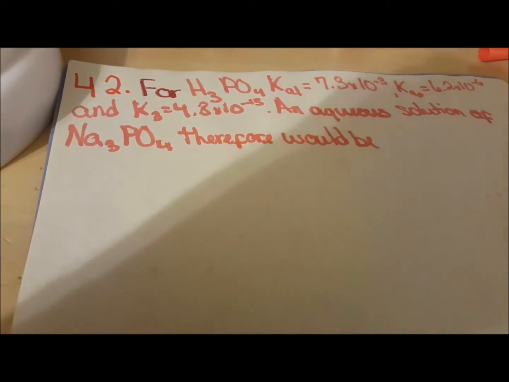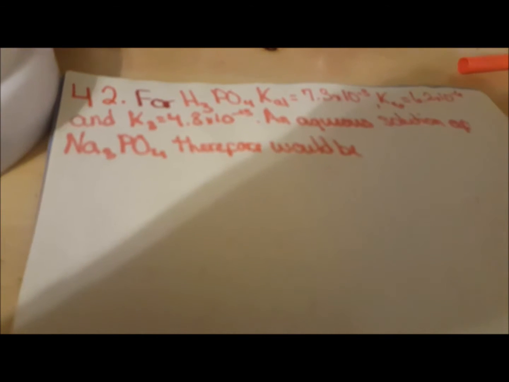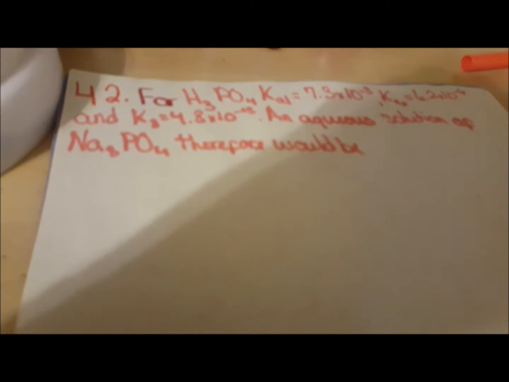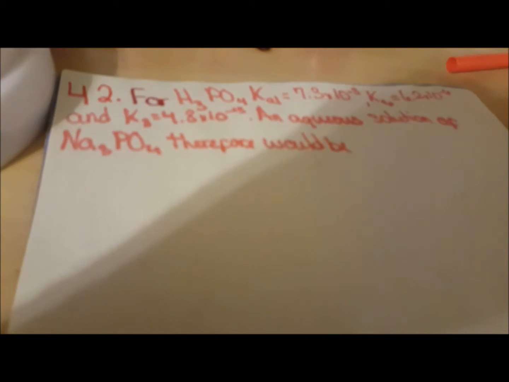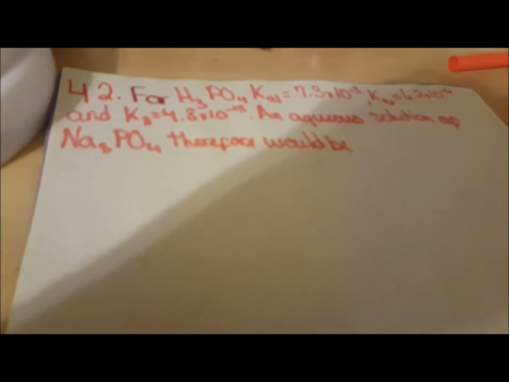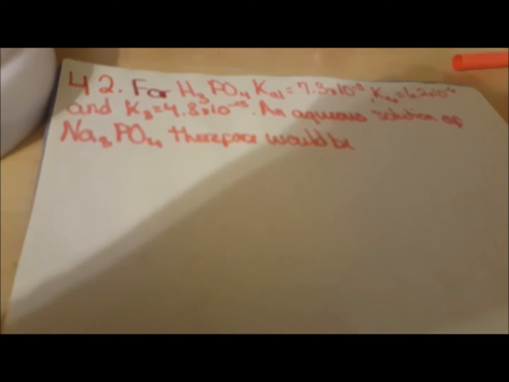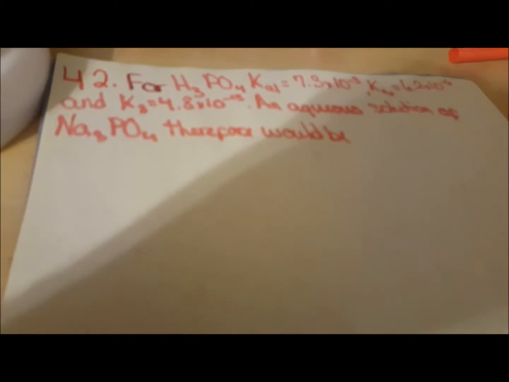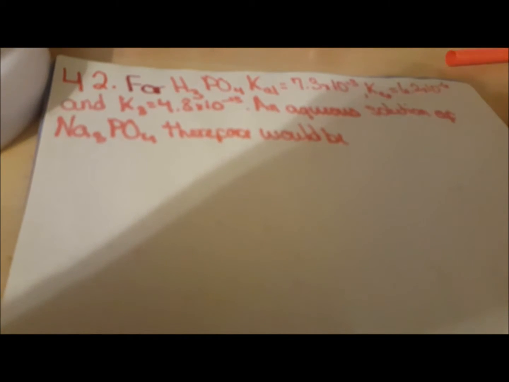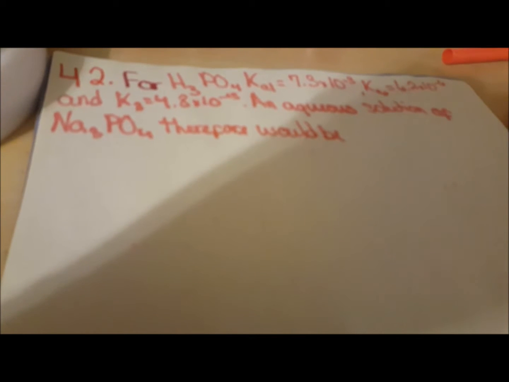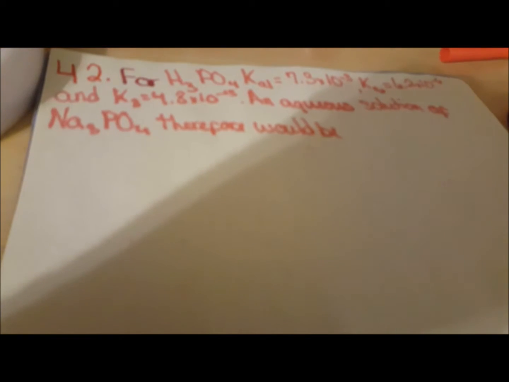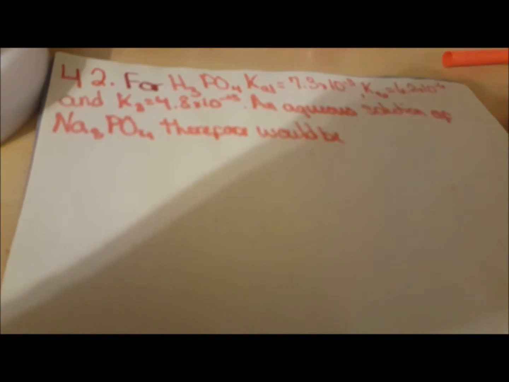So from this equation, we know that Na3PO4 aqueous solution will dissociate to form PO4 with a 3 negative charge. This would raise the concentration of PO4 ions in the solution, putting the pH of the solution above the third pKa in accordance with the Henderson-Hasselbalch equation.